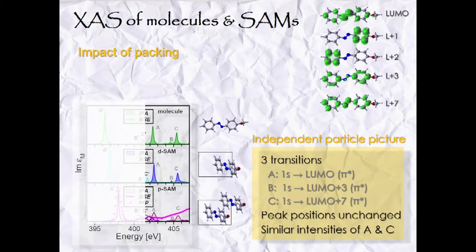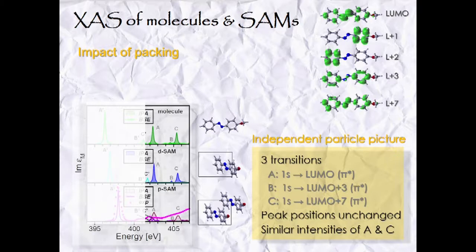But then if you go up the molecular orbitals, LUMO plus 7 is again a state where we have very strong density contributions from this nitrogen bridge. And this is the reason why we have a strong peak here, which is formed by C. So the character of these Kohn-Sham orbitals tells us already about the character of the excitations that we can expect.